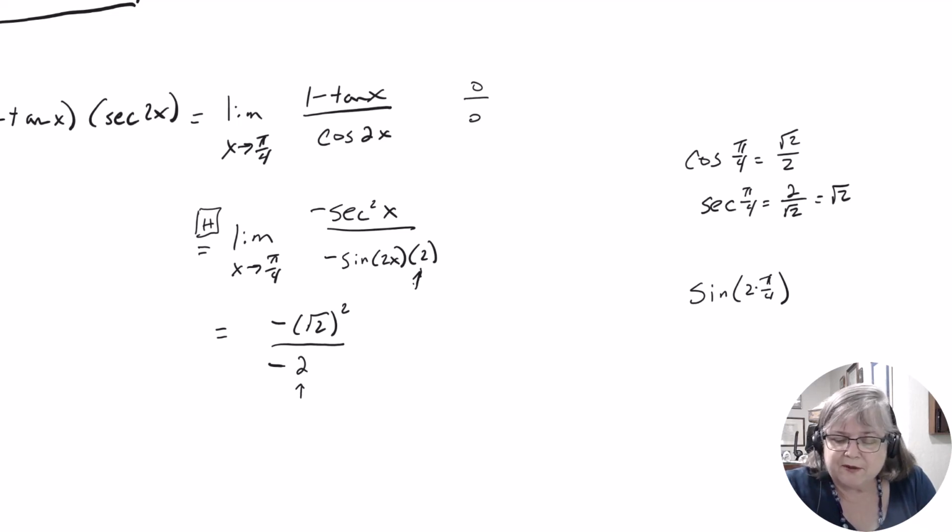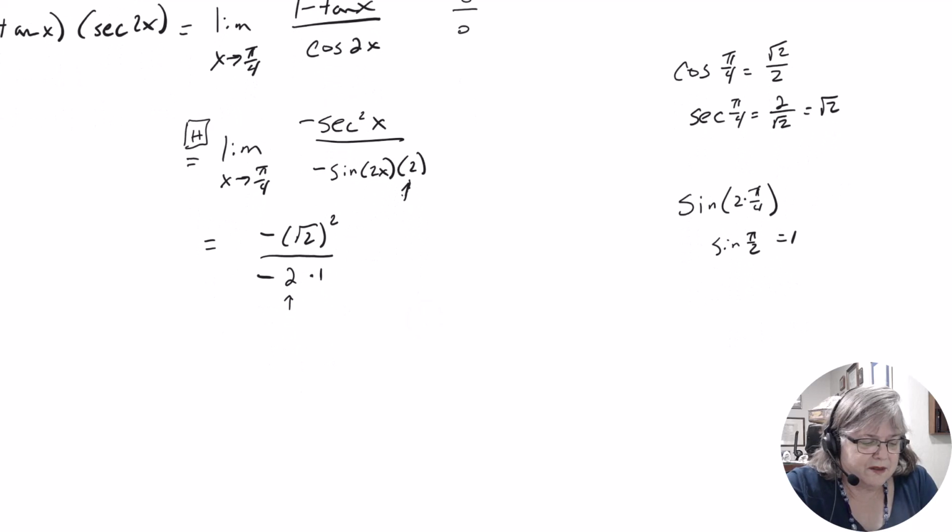And 2 times pi over 4 is pi over 2, so sine of pi over 2, which is 1. So the negatives cancel, and the square root of 2 squared is 2. So you have 2 over 2. So the answer is 1.